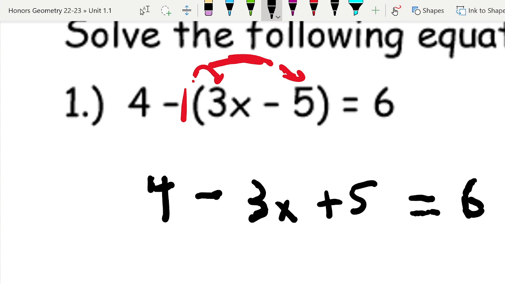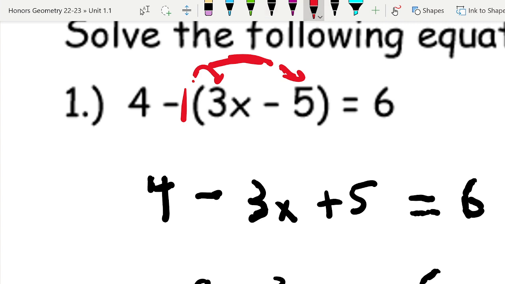From here, we just collect our like terms and solve. 4 and 5 give us 9, minus 3x equals 6. Then we'll subtract the 9, and we get negative 3x equals -3.